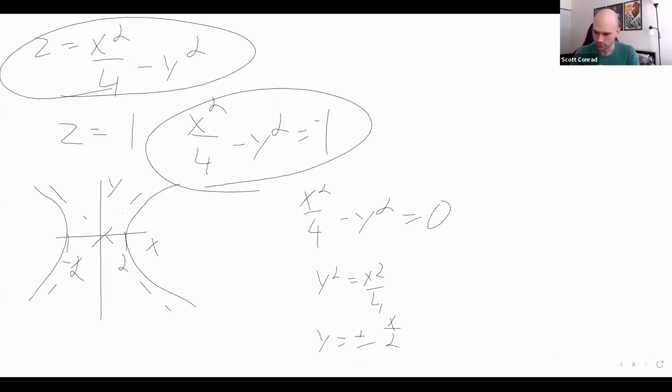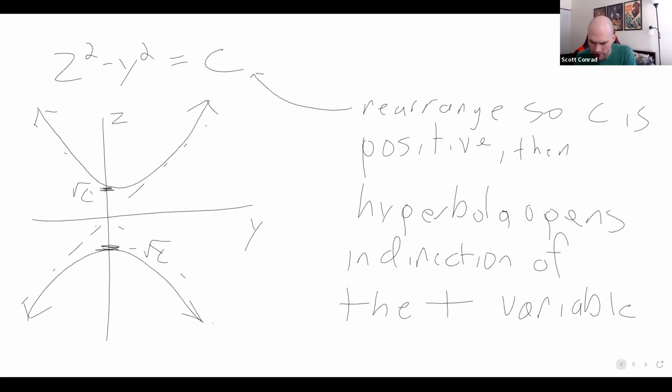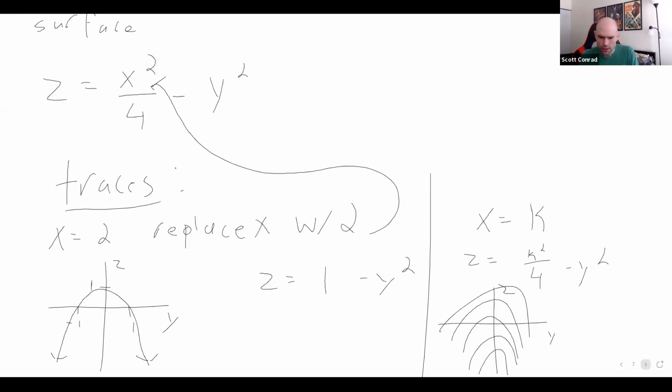Okay, so our surface was z equals x squared over 4 minus y squared. So when we intersect it with planes parallel to the YZ plane, we get parabolas.